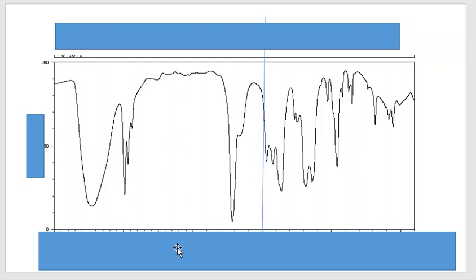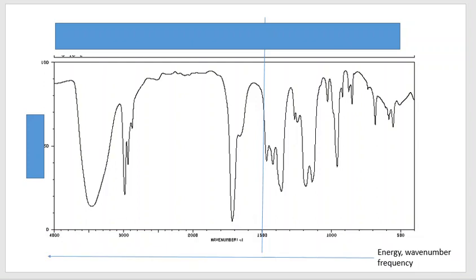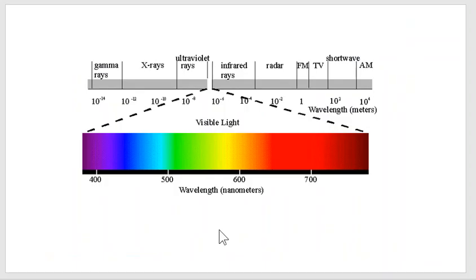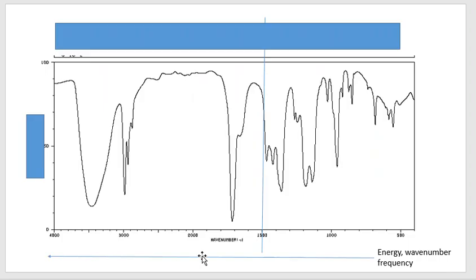So this is what an IR spectrum looks like. Let's go back to that electromagnetic spectrum here. We're looking at this area here, but we often talk about wavelength in nanometers. That's how we measure different energies of light. But in IR, we use these weird units.